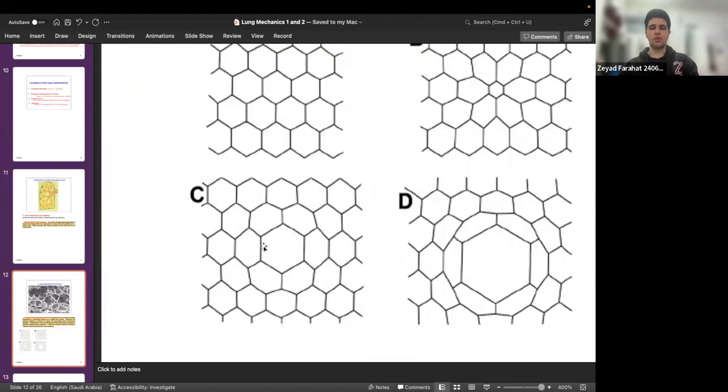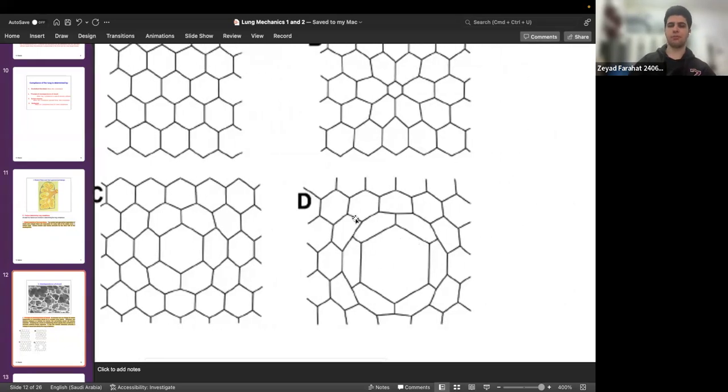You increase the compliance. This one, for example, for some reason your alveolus expanded in size. What happens in the surrounding ones? They're pushed inwards. They're decreased in size. So when they're decreased in size, their compliance is actually increased. And this one is decreased in compliance. So again, the overall compliance is the same.